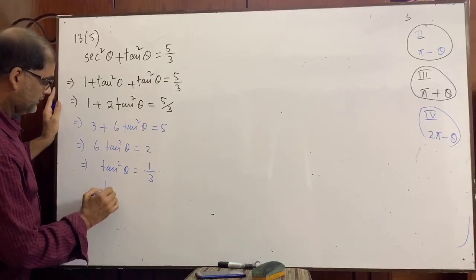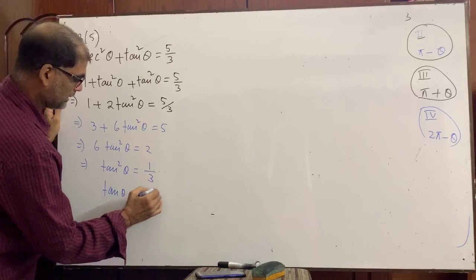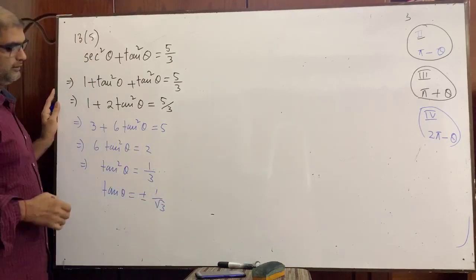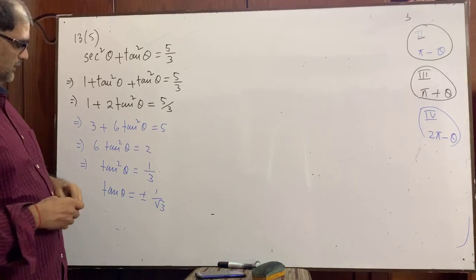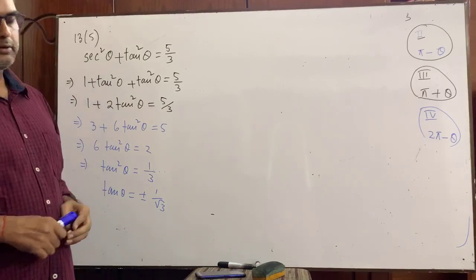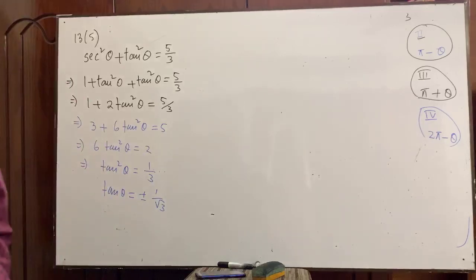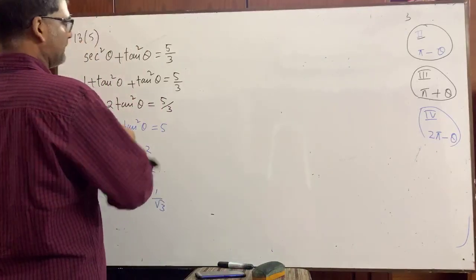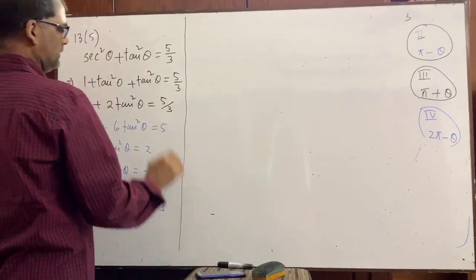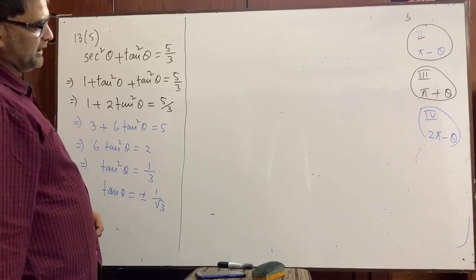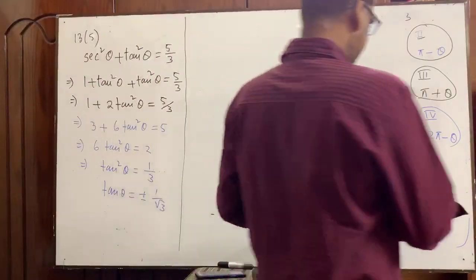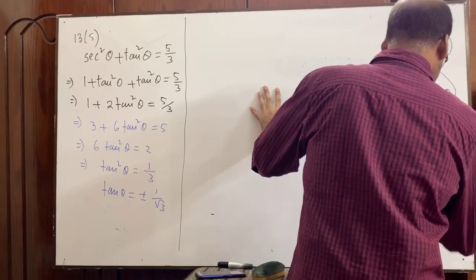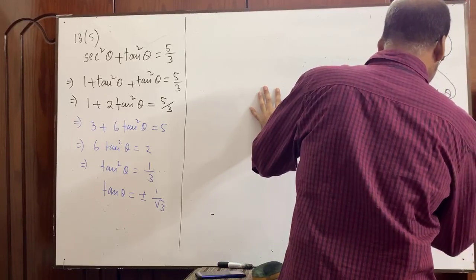That means tan theta equals plus minus 1/√3. I have got tan theta equals plus minus 1/√3. Now we see where tan theta is positive. As I told you, here tan theta is positive, here positive, here negative, negative.